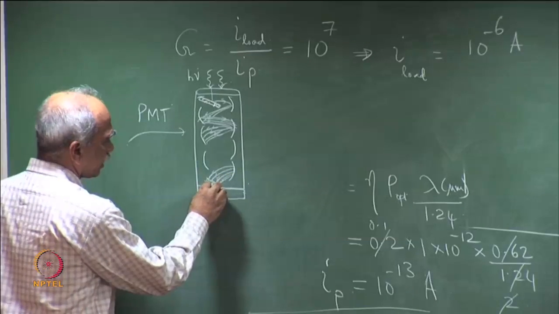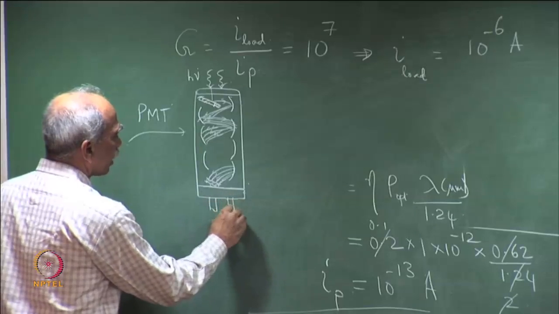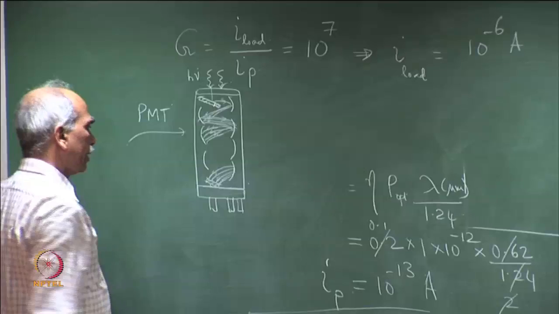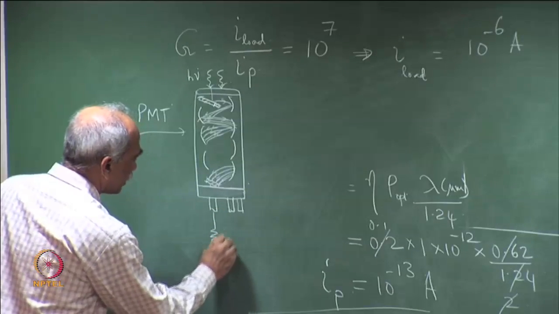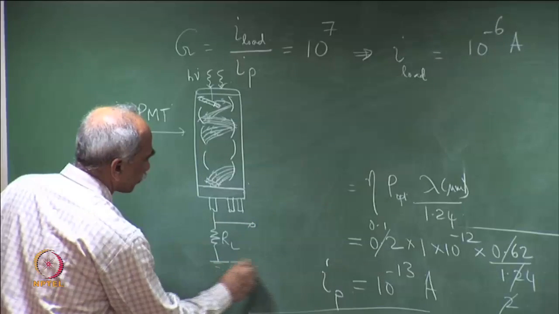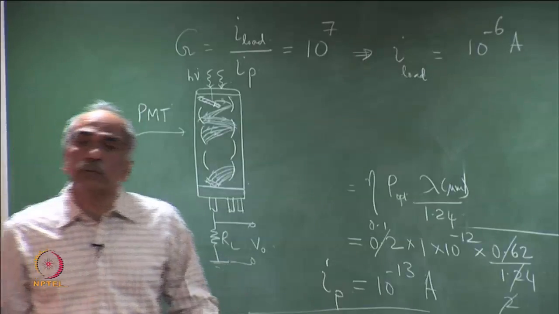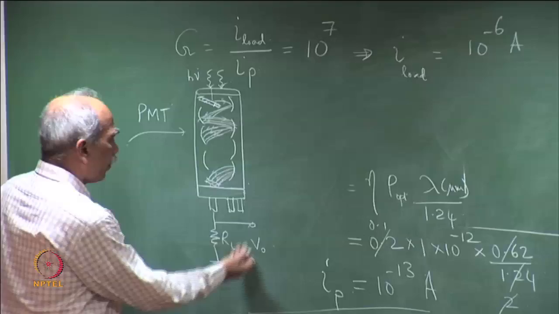Normally there are terminals to connect the power supply and the cathode current. This is passing through the load resistance R L, and here we have the output. One can even measure the photocurrent which is coming out, or the voltage generated here.